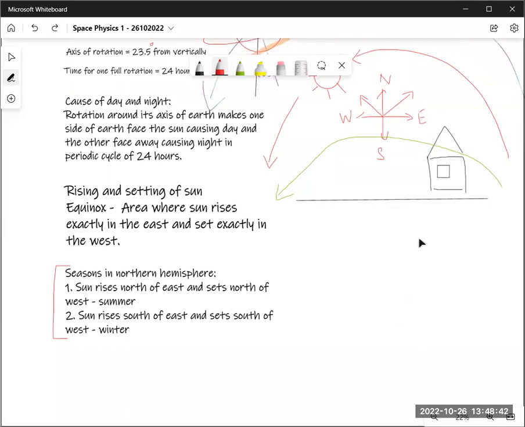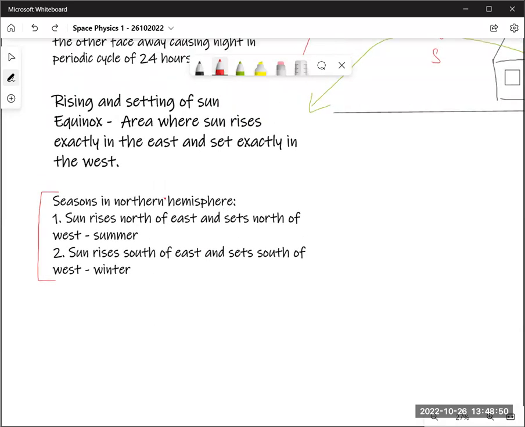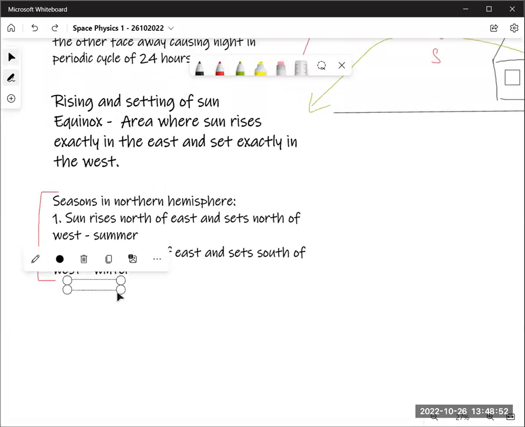I'll give you a few more pieces of information. All right, just do one thing, write one more point here.